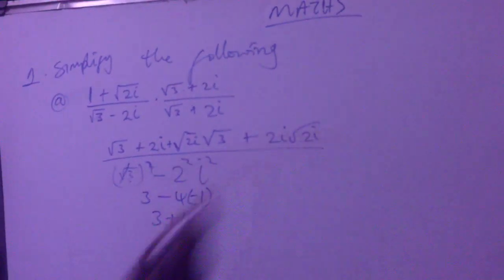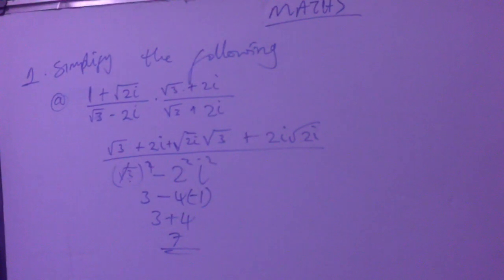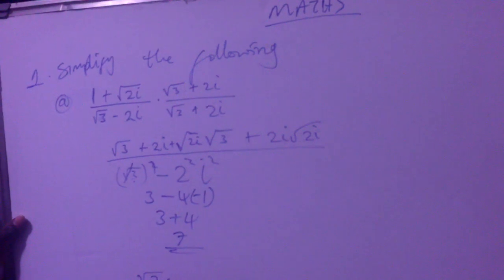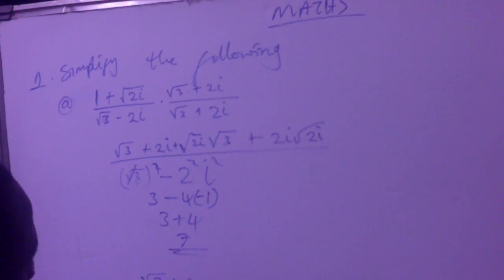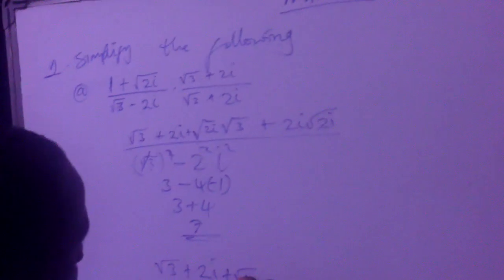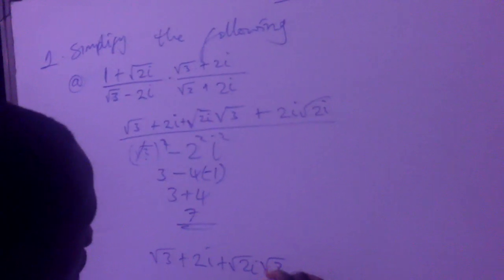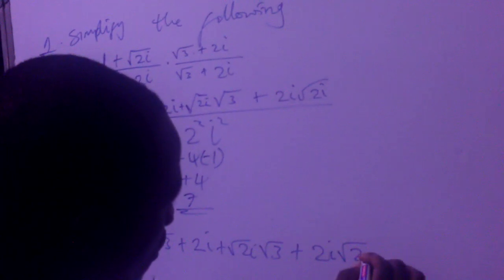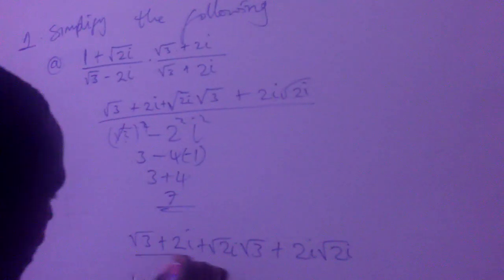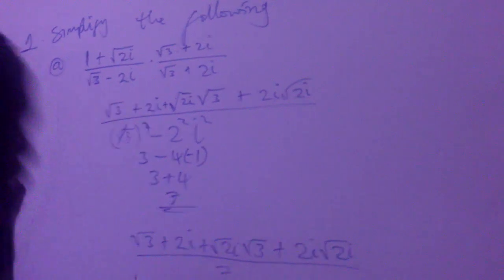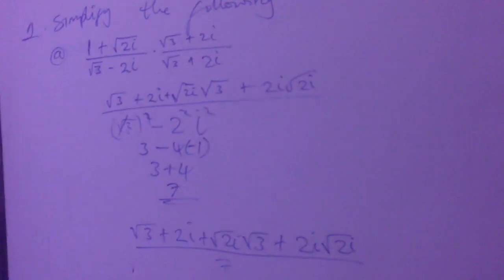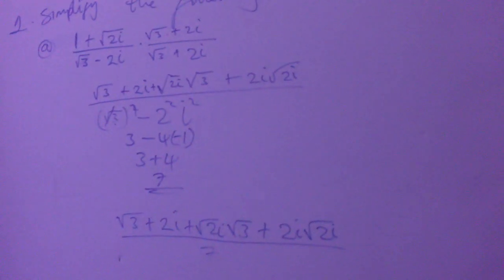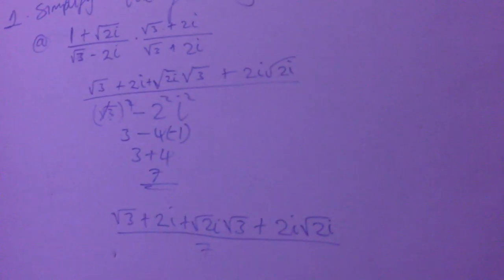Alright, so we're going to write what we have on the numerator. So we have root 3 plus 2i plus root 2i root 3 plus 2i root 2i, divided by 7. From there, what we're going to do is to just group the like terms. How are we going to group the like terms?